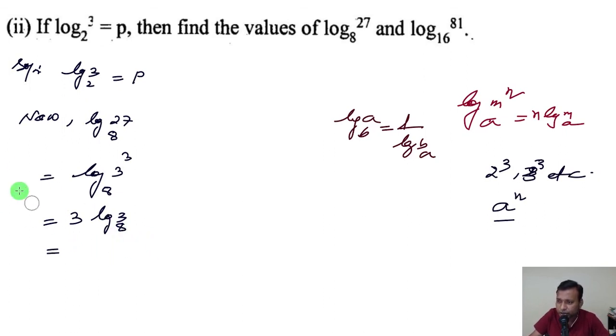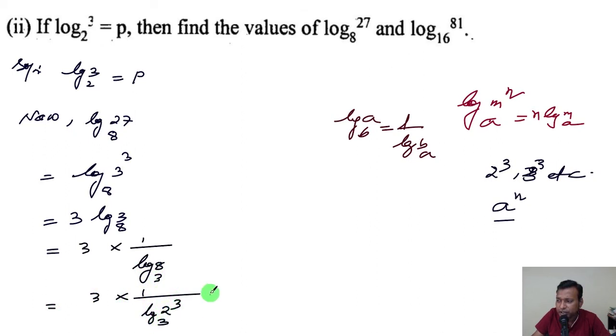So how to change? You can see here 1 upon log a to the base 3. See, if it is a to the base b, we write b to the base a. As here it is 3 to the base 8, we have written 8 to the base 3. So this equals 3 into, now this 8 can be written as 2 cube to the base 3.